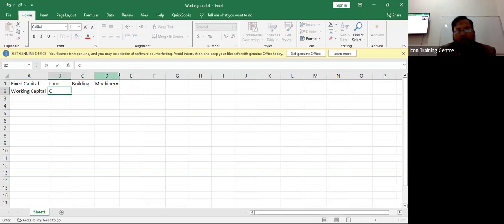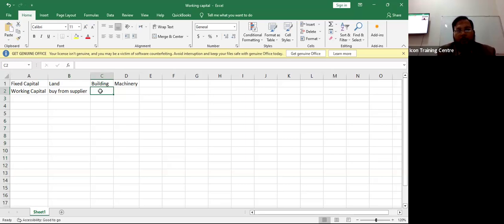current assets. So working capital is a process in which we buy raw material from the supplier. Then you process inventory, converting raw material into finished goods.